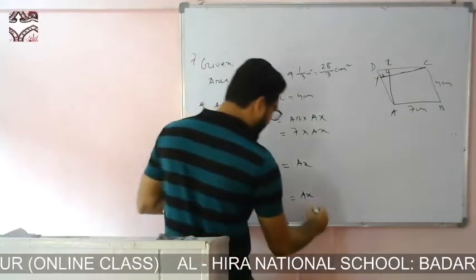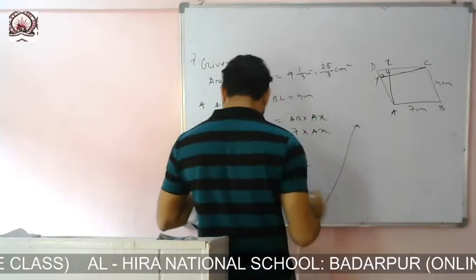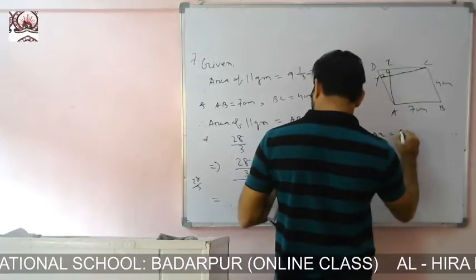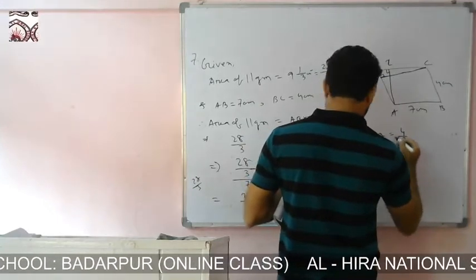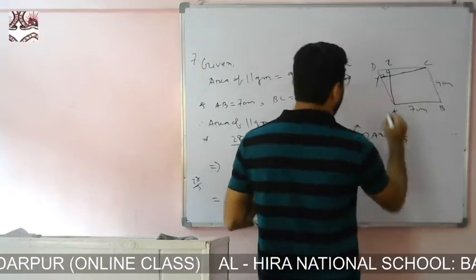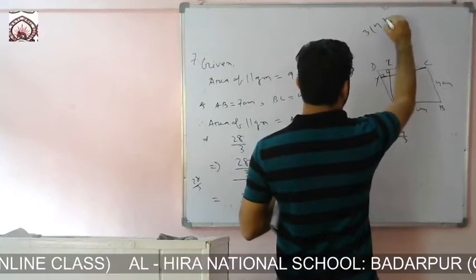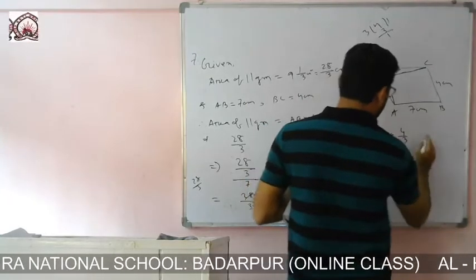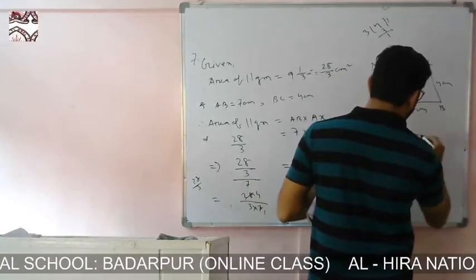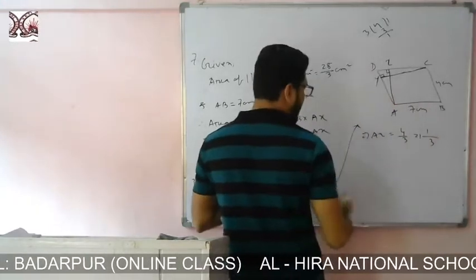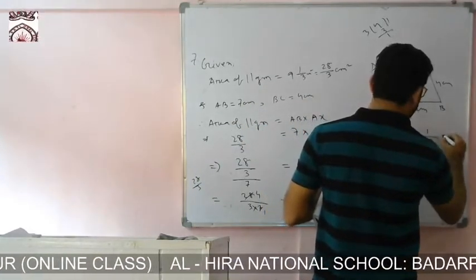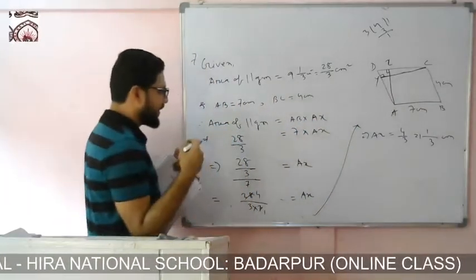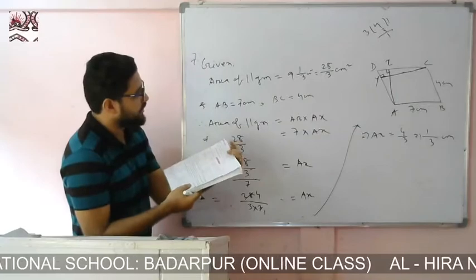After that you come here. Then AX equals 4 by 3. So 4 by 3 I can write as a mixed fraction like this: 3 ones are 3 and remainder 1, so you can write 1 1/3 centimeter. Now AX we have already found.